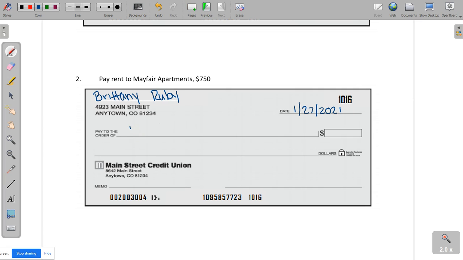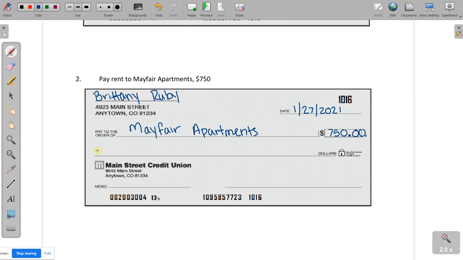So we're going to pay Mayfair Apartments for $750. Here we just have dollars. We need to show the change. There's no change, so we're going to put 0.00. This way, if somebody were to get this check, they can't change $750 into $7,500.